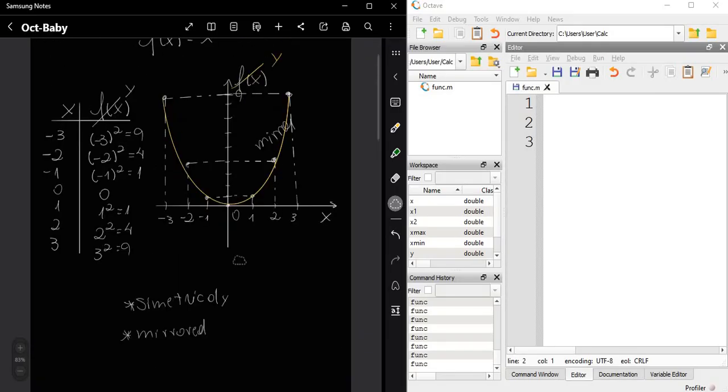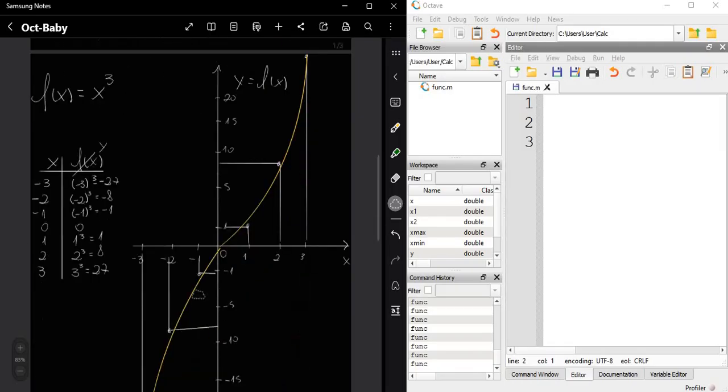I mentioned also some characteristics of this function, like it is symmetrical, as you can see, both sides, the negative side of the x-axis and the positive side, are equal. So as well, we can mirror the sides.